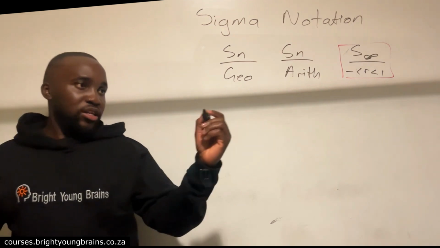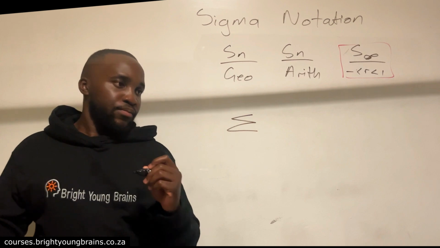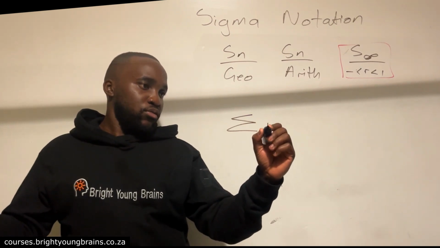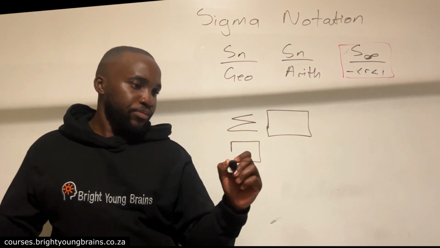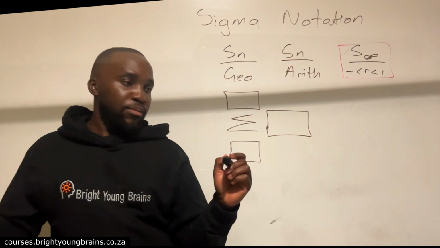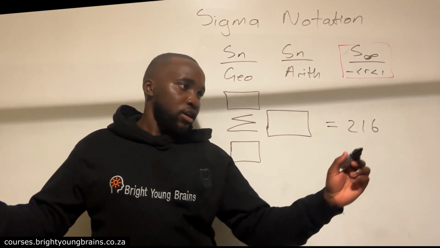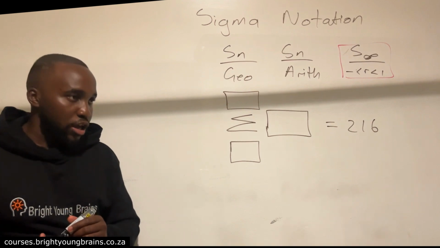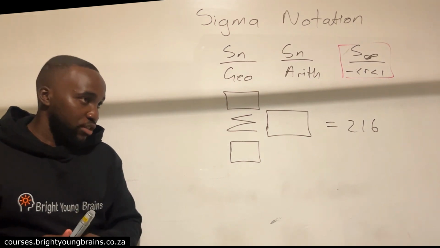However, you do get instances where you'll have a sigma expression where they'll give you the general term, where you should start, and where you should end, but then if they want to be funky, they'll maybe even give you what your expression should add up to, or rather what you should get if you add up everything.